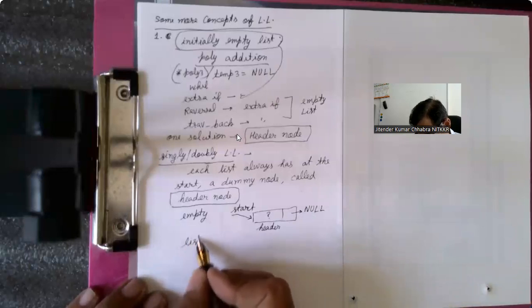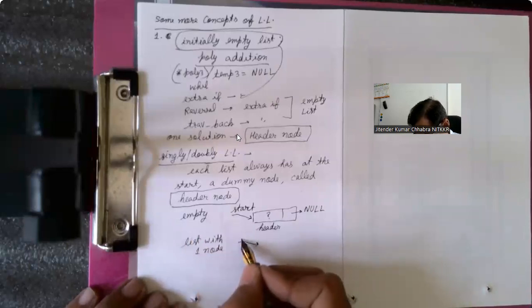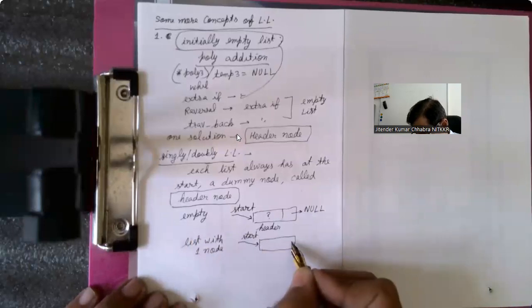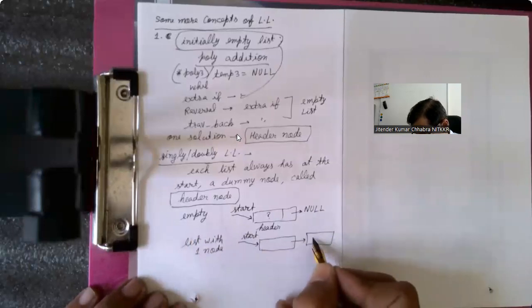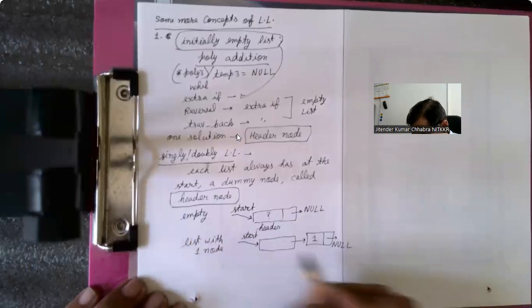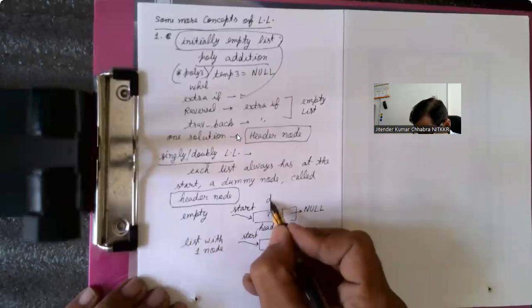List with one node will mean start pointing initially to the header node, and then whatever data I have. This data field may not be used.